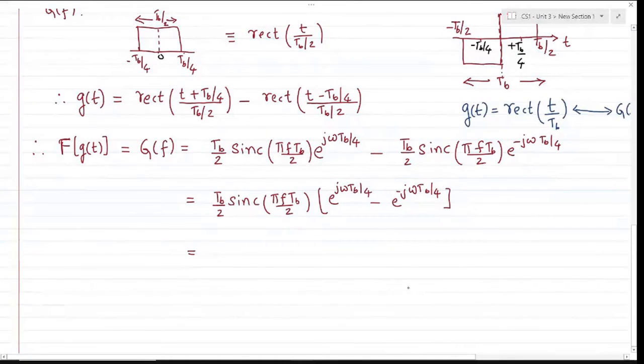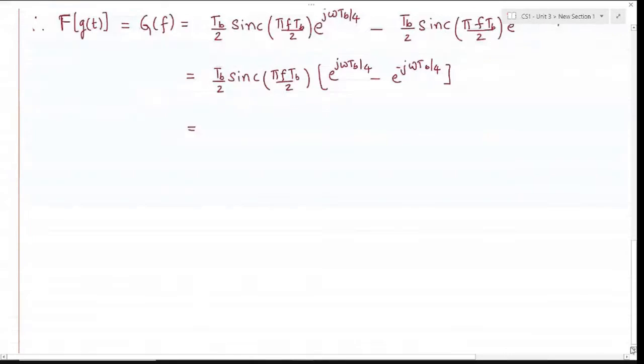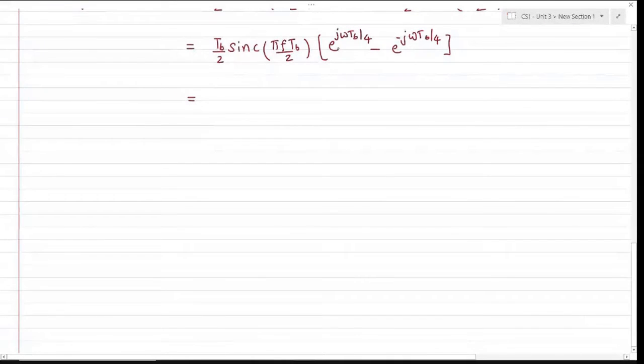So just with the completion of this expression, we know that the difference of these exponentials, e power j theta minus e power minus j theta, is nothing but j sine theta.